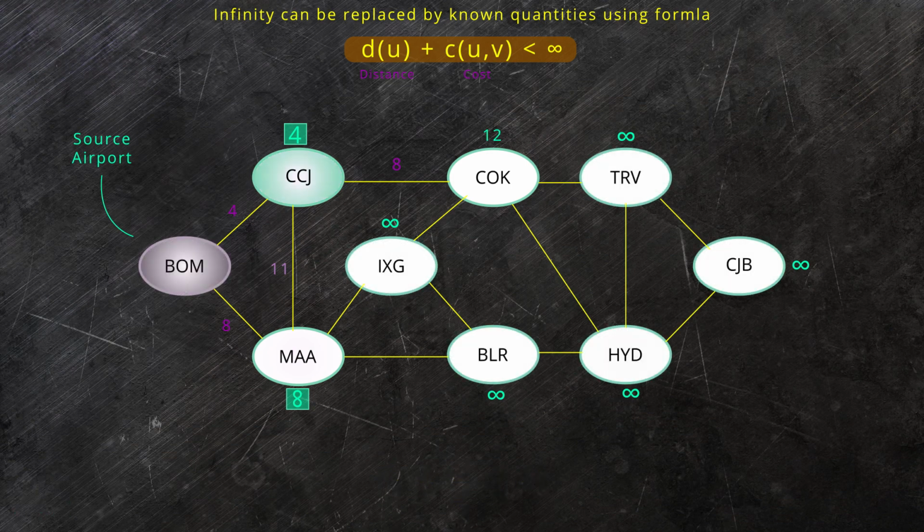Now look at the residual graph. In this residual graph, 8 is the minimum value. So our next arbitrary source begins from MAA. So now the value for U, MAA, is equal to 8. Now how many routes are moving from MAA?